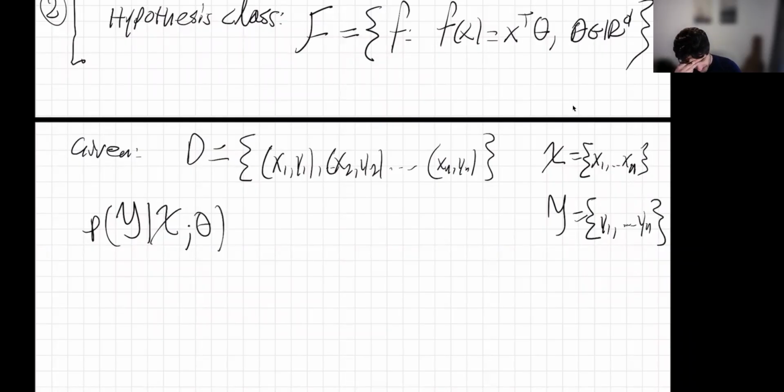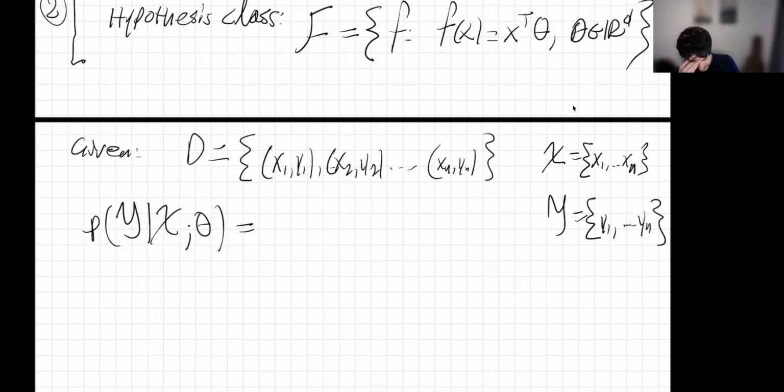Basically, we're saying that the distribution of all of the y's that I have collected in my training set, conditioned on all of the x's, and the distribution that we use to calculate this likelihood is parameterized by theta. So this just tells me I'm parameterizing this distribution by theta.